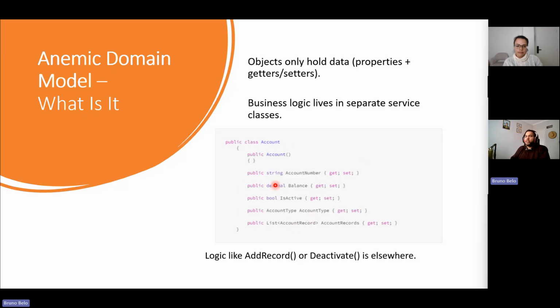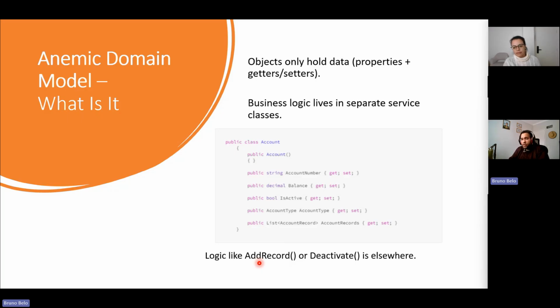Whenever I'm creating this account, for example, I'm not doing any specific action or validation to see if this account is valid or not. If I'm adding records to this account, I don't have a method that adds a record and does any specific logic or behavior.